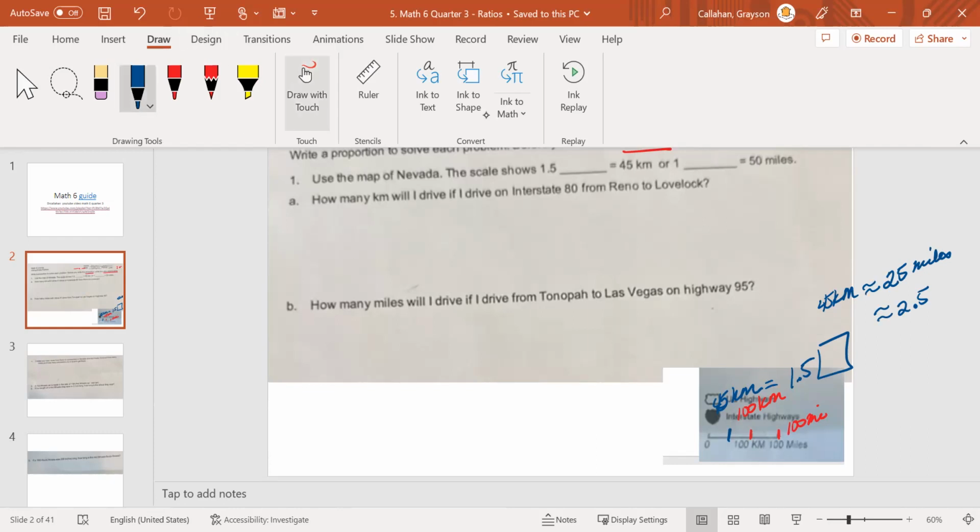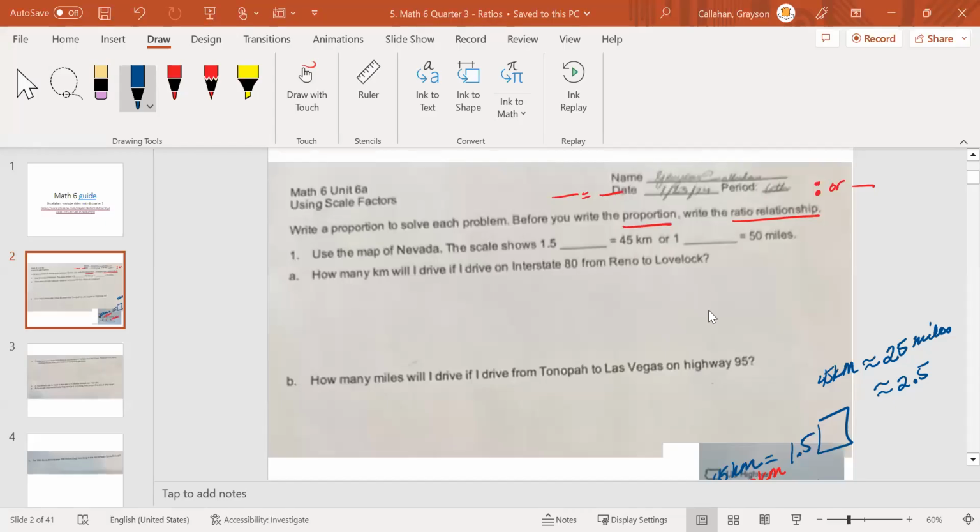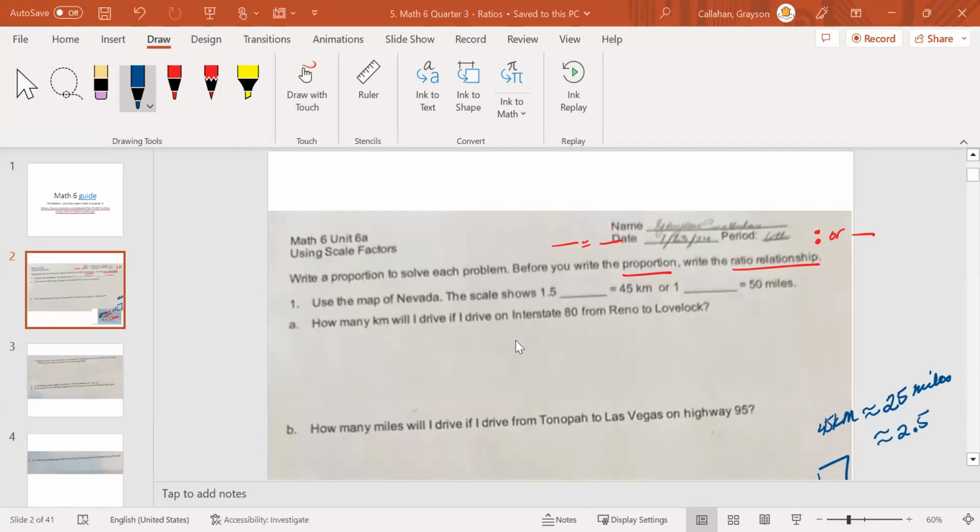Hold on, let's see. Yeah, so here, if it's 45 kilometers, you could convert it to meters, which is 1, 2, 3, right?